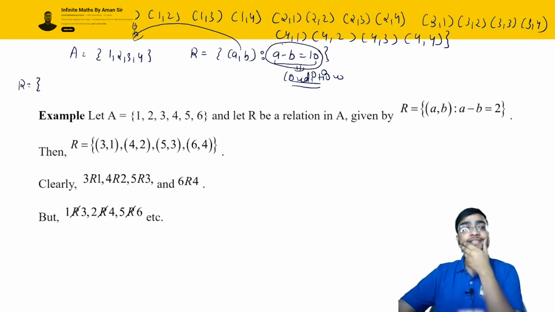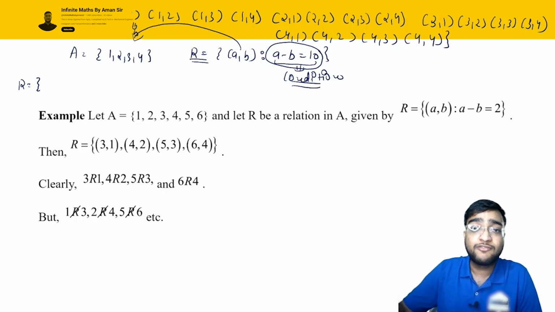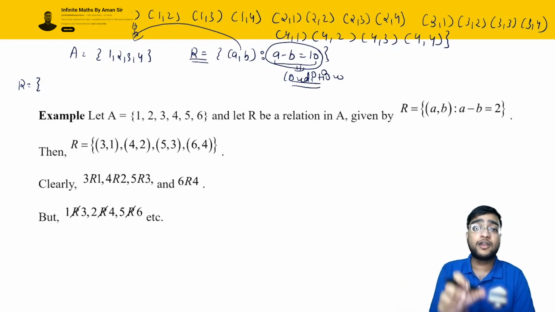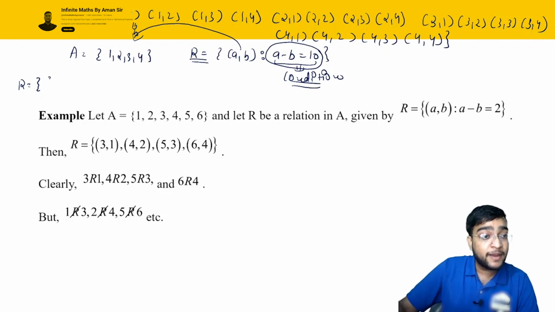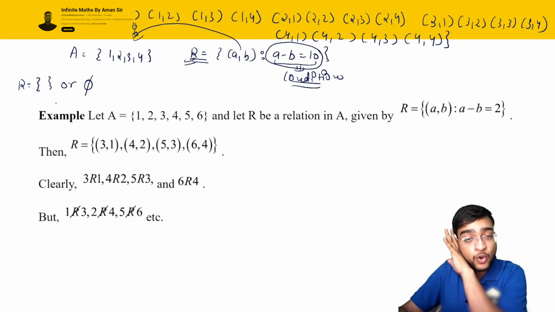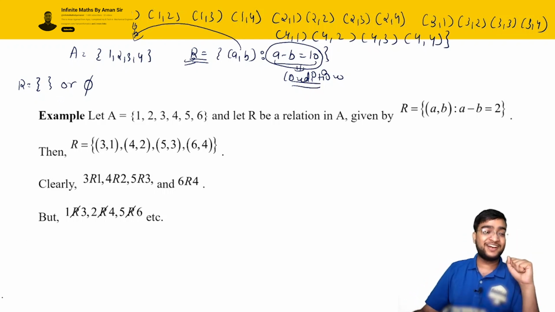Okay sir, it means in my relation there is no element here, or you can say no pair exists here for this condition only. So this is my null set, or I can say the relation comes with my phi set. It simply means there is no pair found with the condition here.